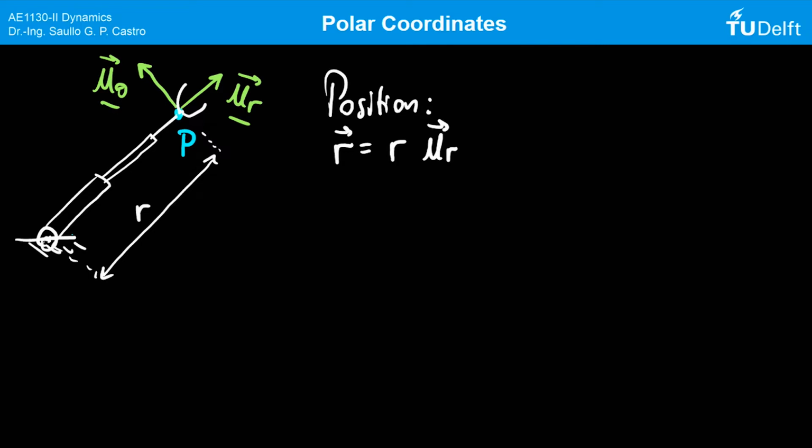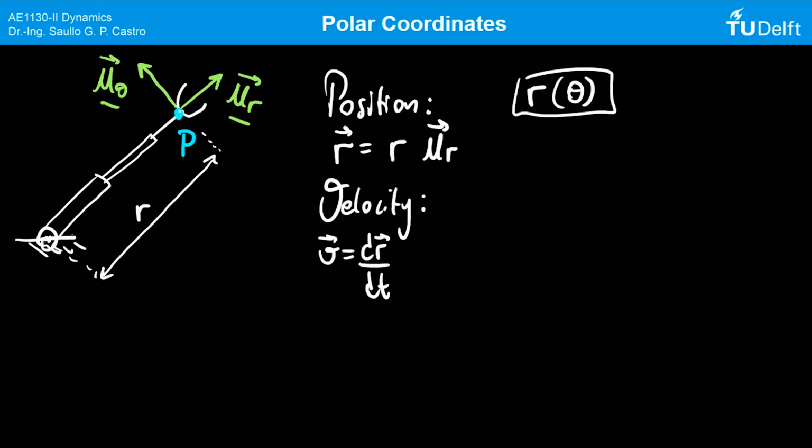It is important to mention that usually for those type of robotic arms we know how the radius will change with the angular position. So we know the function r of theta.